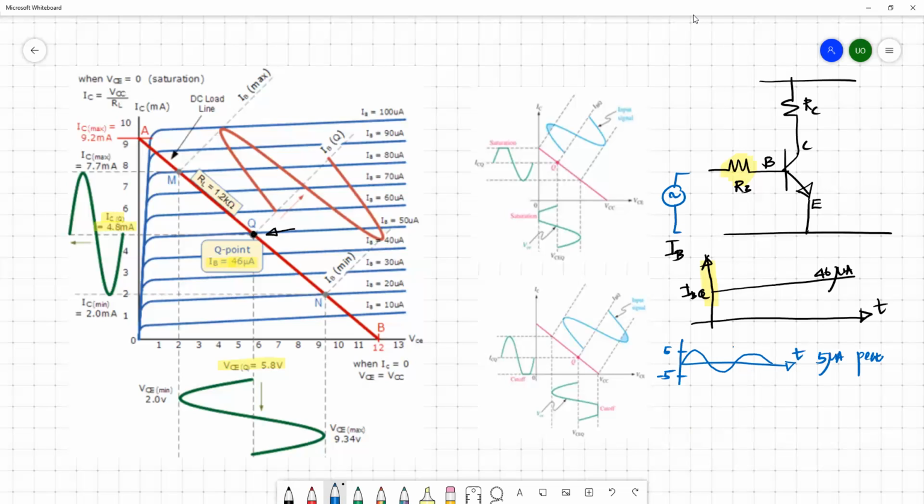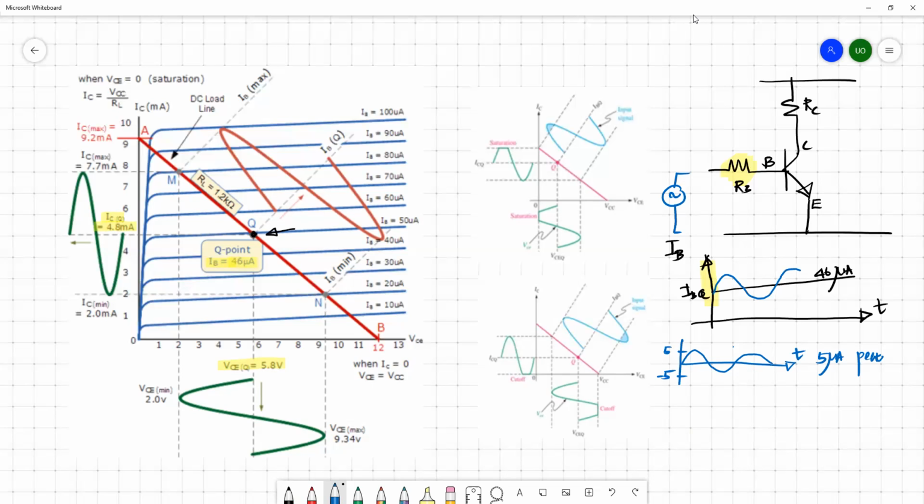If I apply this to the base, what happens to the base current? It already has a certain DC value, which is equal to 46 microamperes, and on top of that I am adding another sinusoidal current, which has a peak of 5 micro. Then this would be the ultimate current appearing at the base terminal.